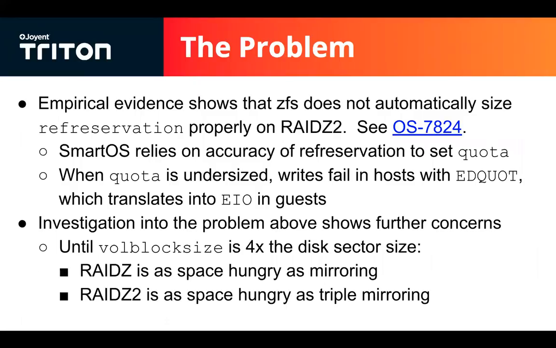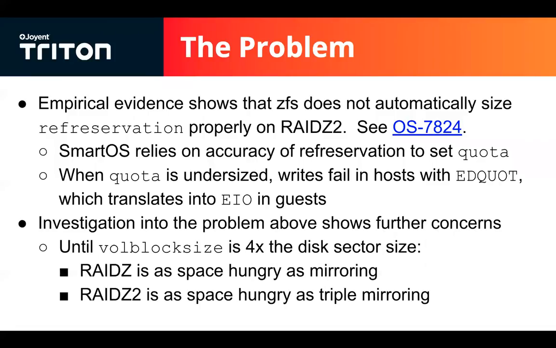So how did we get here? We had a customer support call with somebody that was using RAIDz 2 and had a bhyve VM that ran out of space. And it was kind of confusing because we take special care to be sure that we set the quotas and reservations and such so that you can't run out of space.